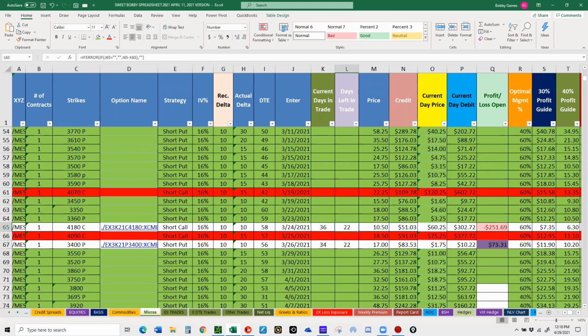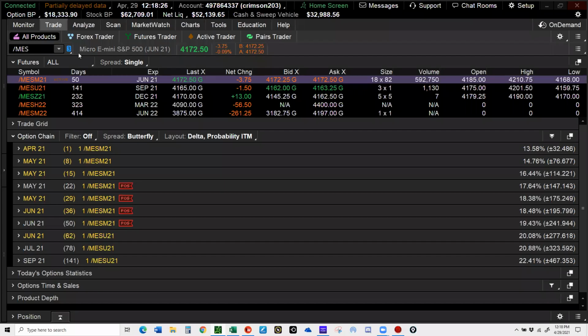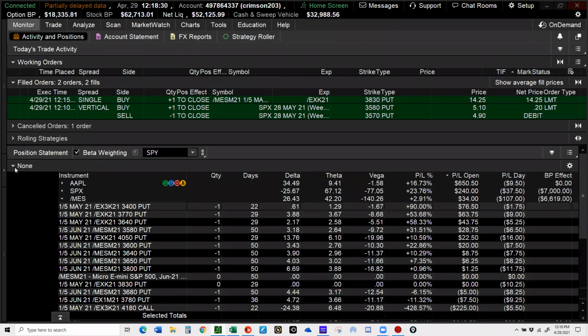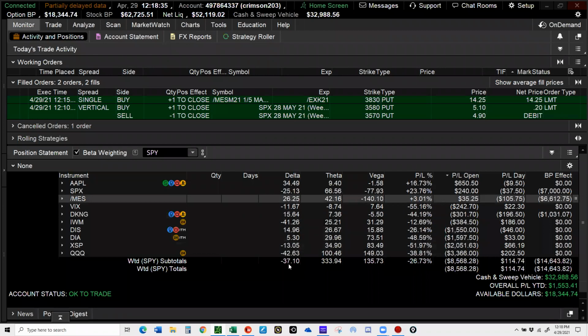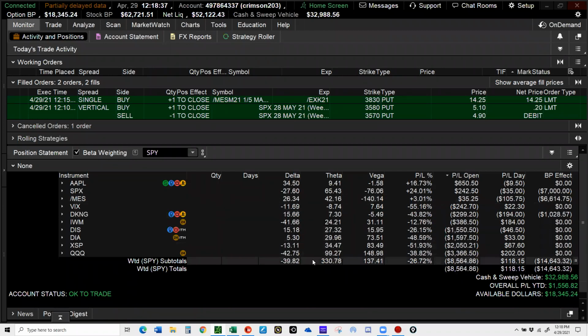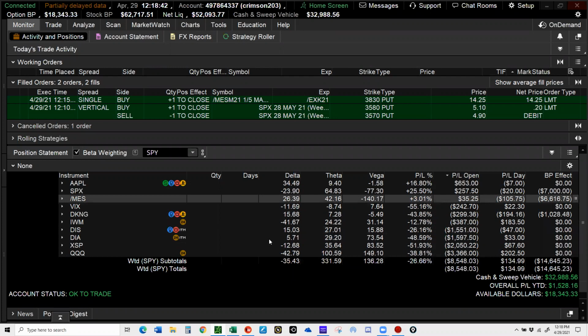All right, so now let's go look at our Greeks. See if we're about delta neutral, a little closer to what we were. So our micros were slightly positive there. I like to keep, and we still got negative delta, y'all, which is great, which tells me I can do what I want to do in selling puts.